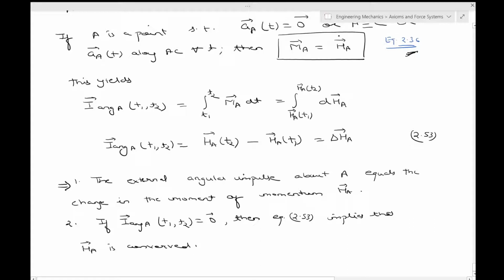So the moment of momentum is conserved. In the earlier case, if you remember, if the impulse was 0, then the momentum was conserved. In this case, if the angular impulse is 0, then the moment of momentum is conserved.